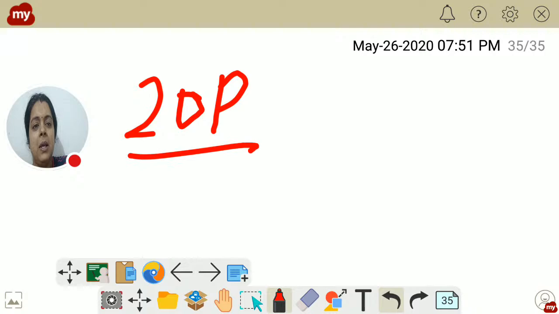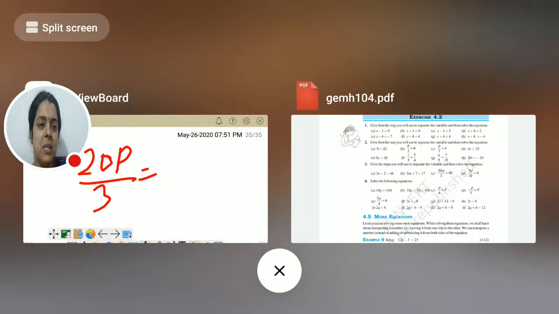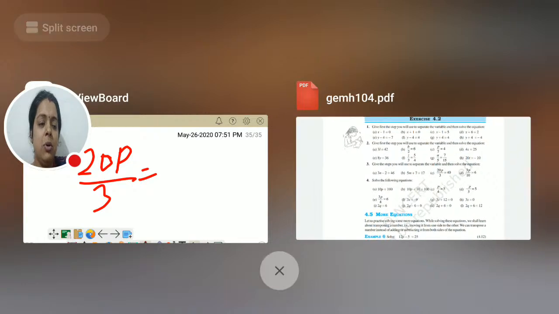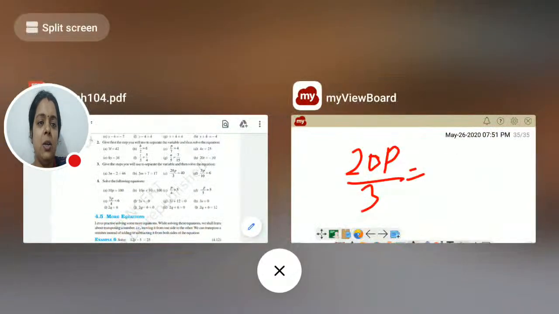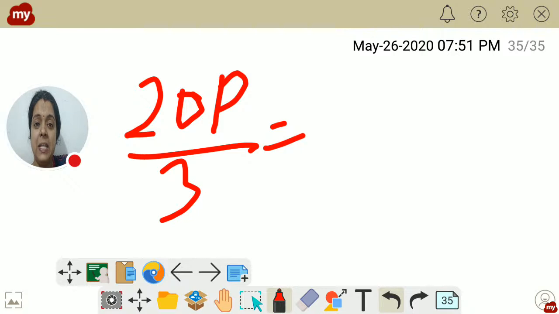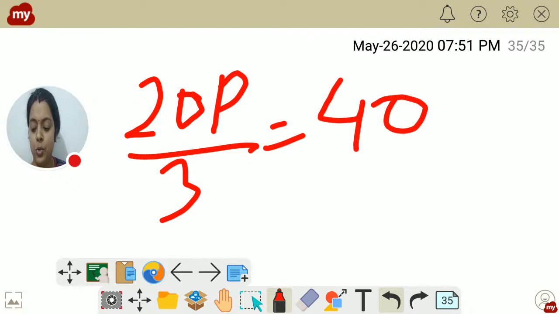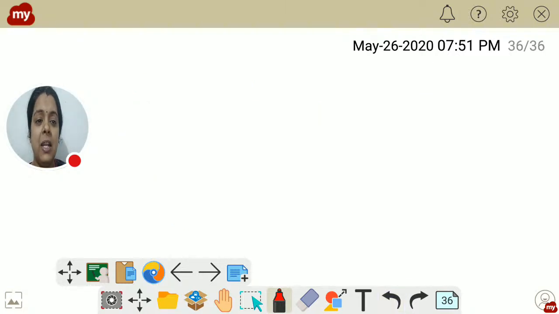The question given is 20p by 3 is equal to 40, right? How to solve it now? Let's see.